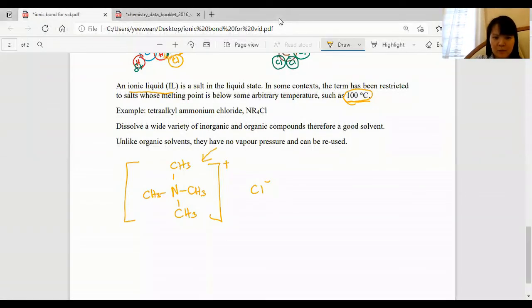It looks like an ammonium except with CH3 groups. And here it is ionically bonded. These can dissolve a wide range of inorganic or organic compounds, so it's a very good solvent since it's a liquid. It has very little vapor pressure and can be reused.